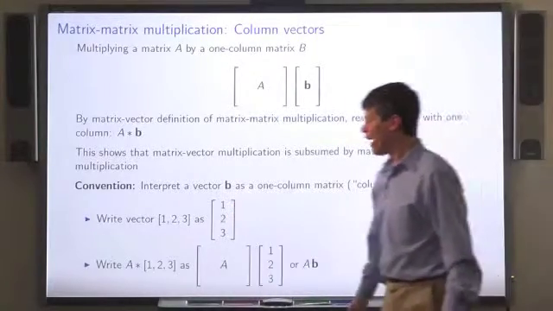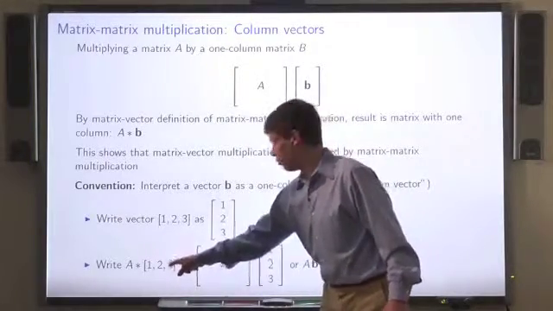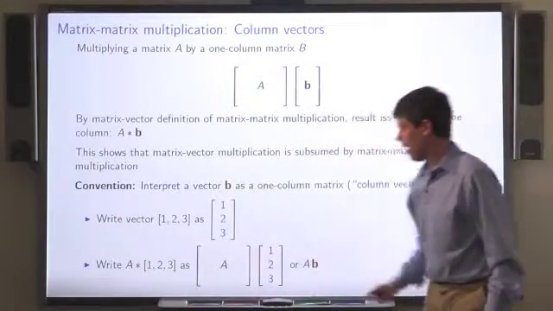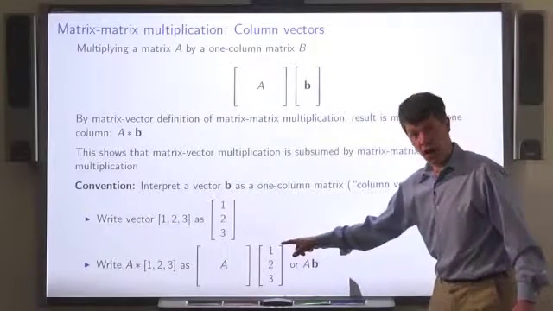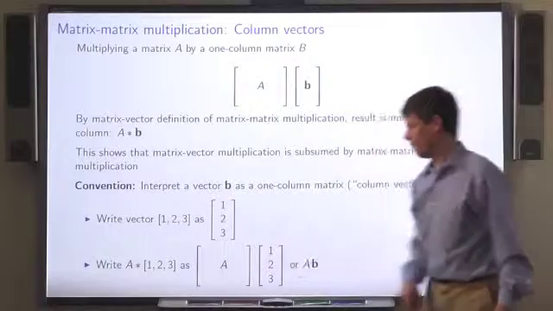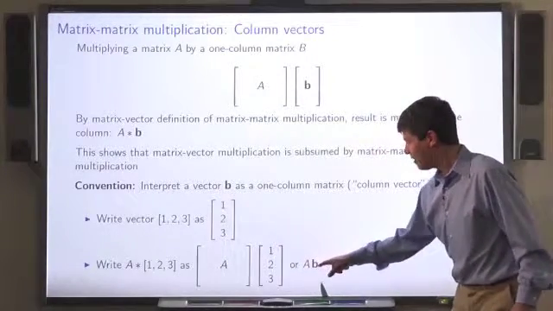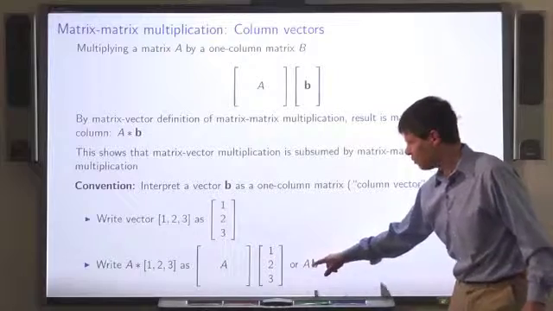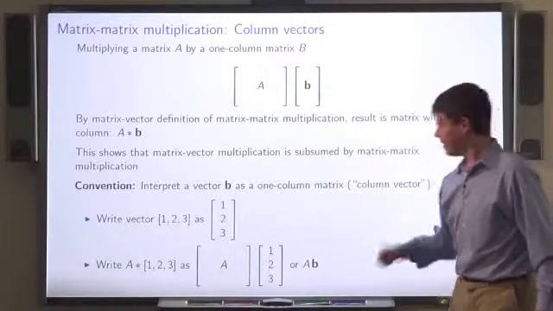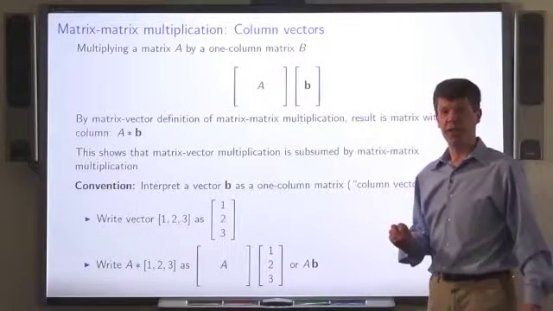And then we'd write the matrix-vector product A times the vector 1, 2, 3 as A times the column vector, that is the one-column matrix with 1, 2, 3. And generally we would write that as AB without the star in the middle, to be consistent with our notation for matrix-matrix product.